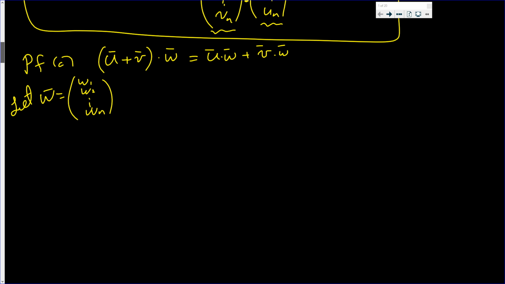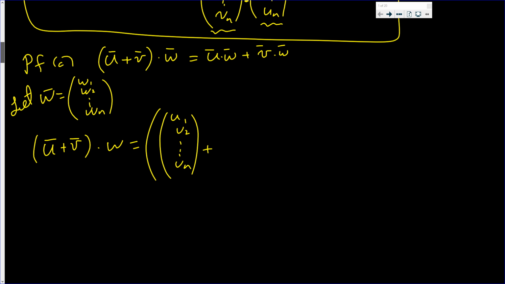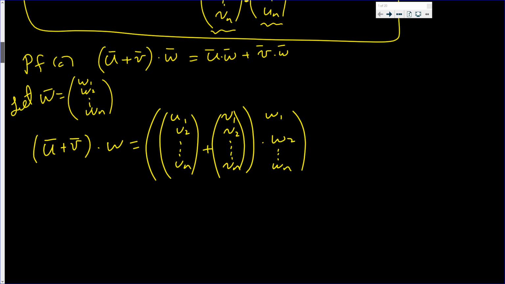So now we have u plus v dotted with w. Well, u is u1, u2, up to un, plus v, which is v1, v2, up to vn, and that mess gets dotted with w, which is w1, w2, up to w sub n.